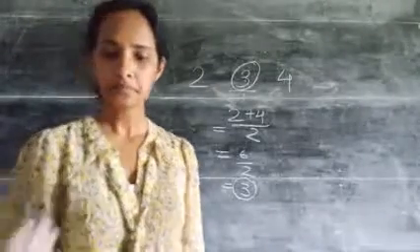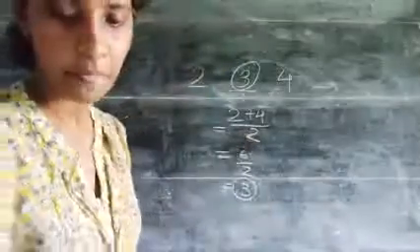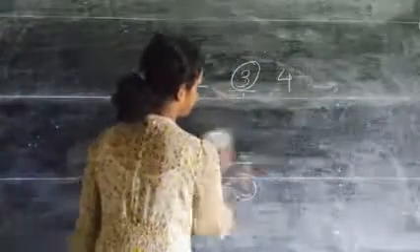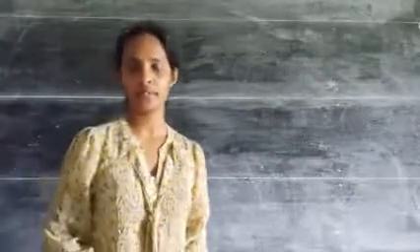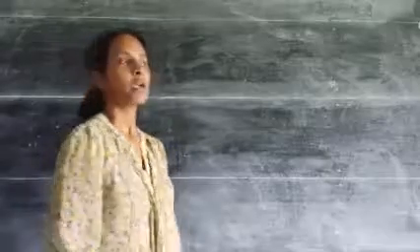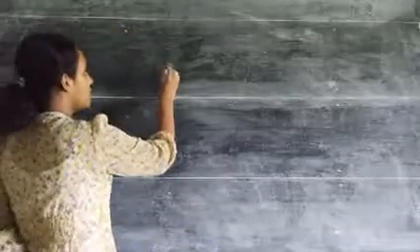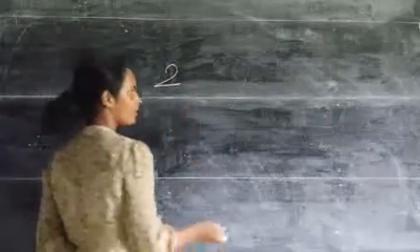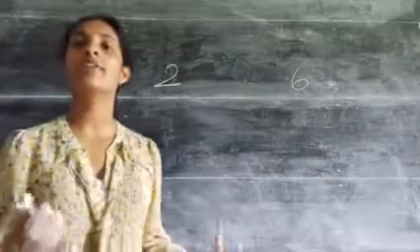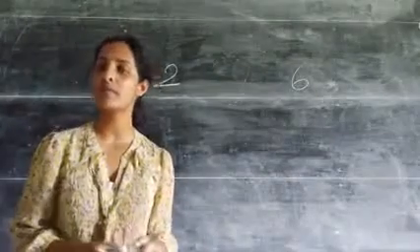The next thing that we are going to see is: in between any two numbers, say 2 and 6, can you find out how many rational numbers there are between these two numbers?